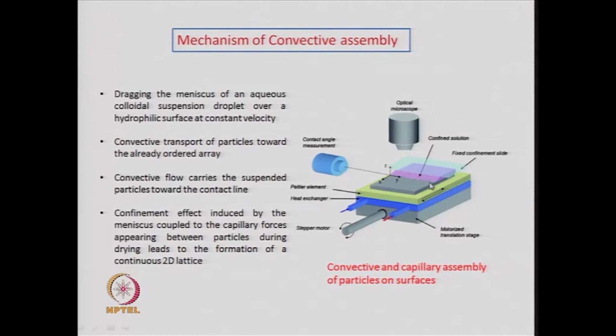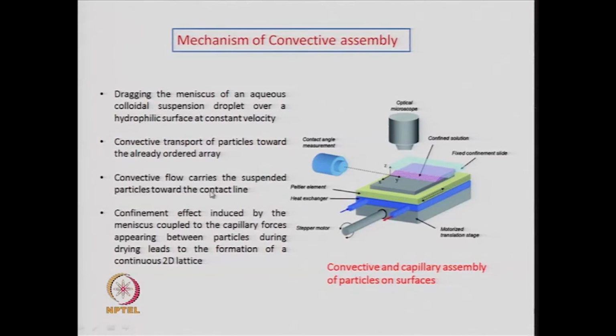You are moving this, and then the convective transport of the particles takes place, and it gets ordered at the line of contact. Here the film has already formed, the particles have formed an ordered array, and on this side it is still a liquid, and as it moves you can order the particles.